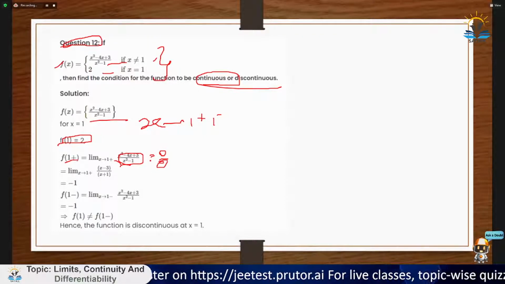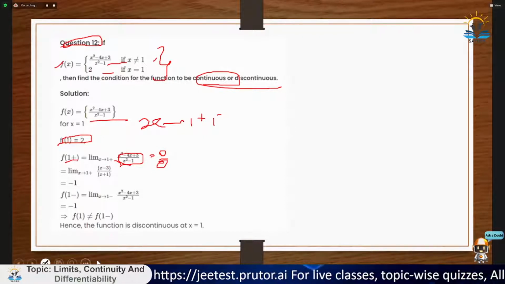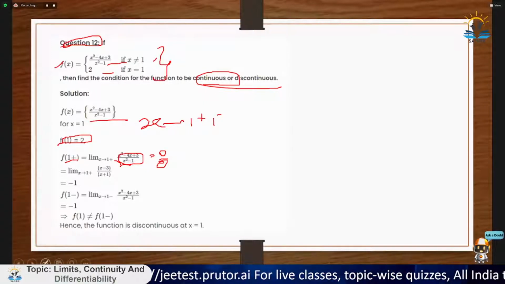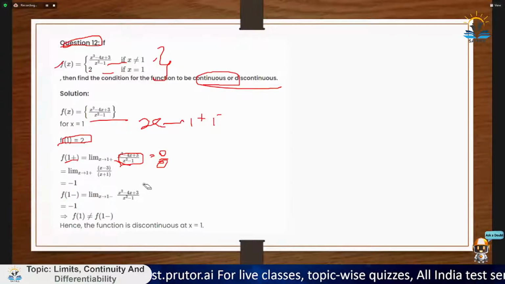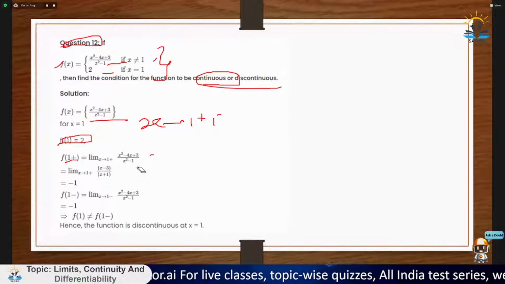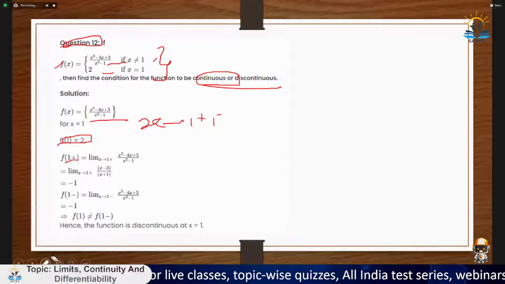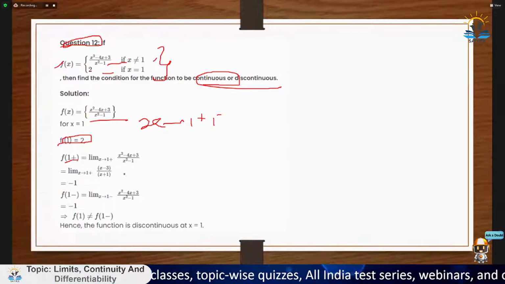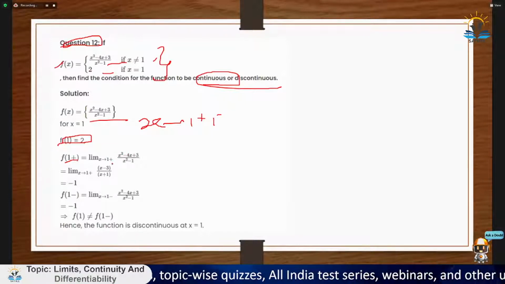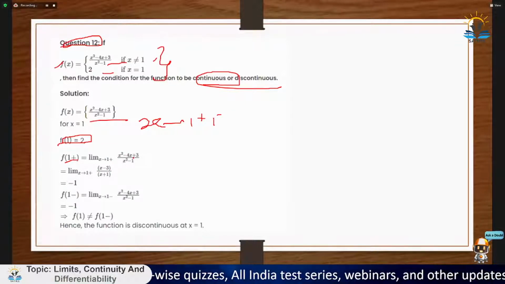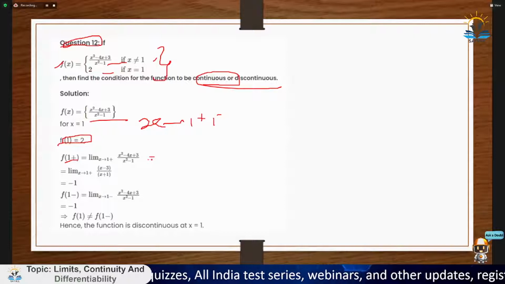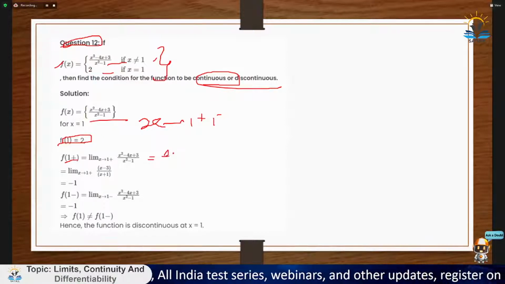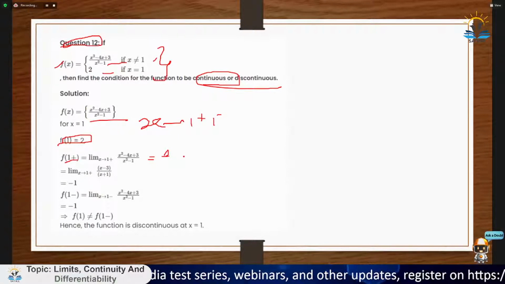To solve the indeterminate form, you will differentiate numerator and denominator individually. The differentiation of the numerator would be 2x minus 4, and of the denominator 2x.